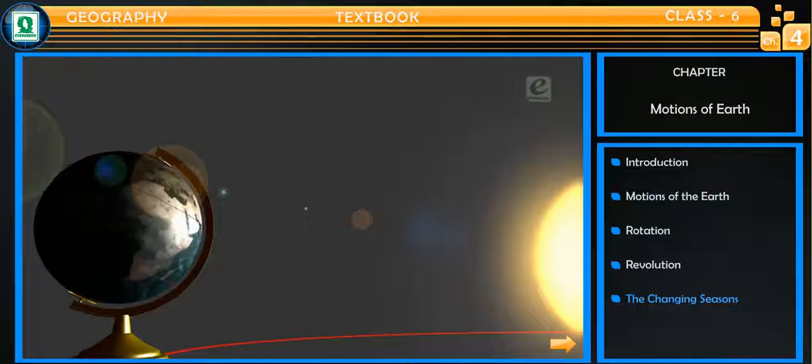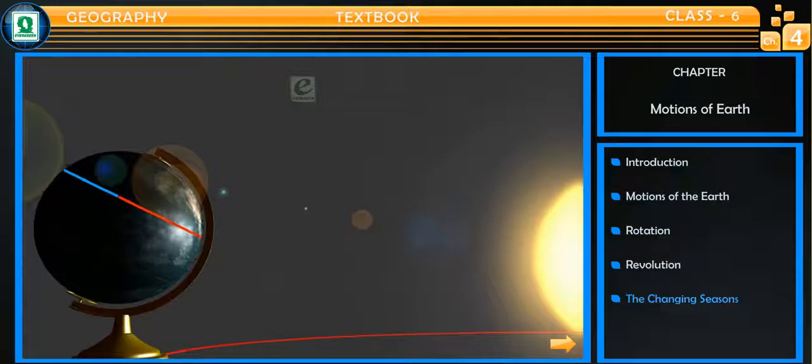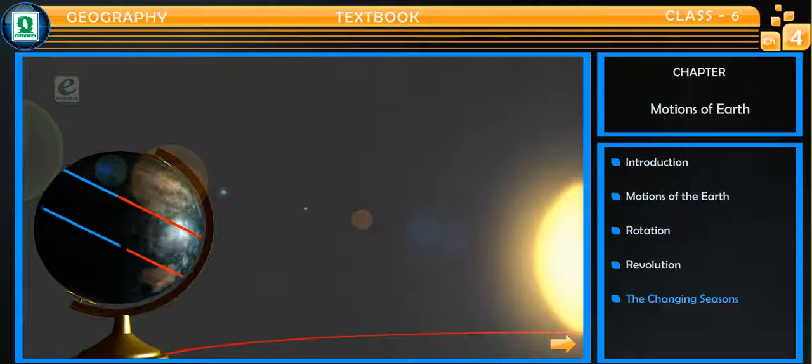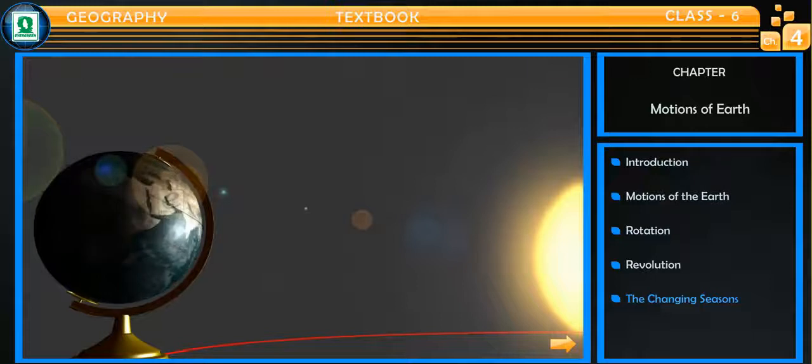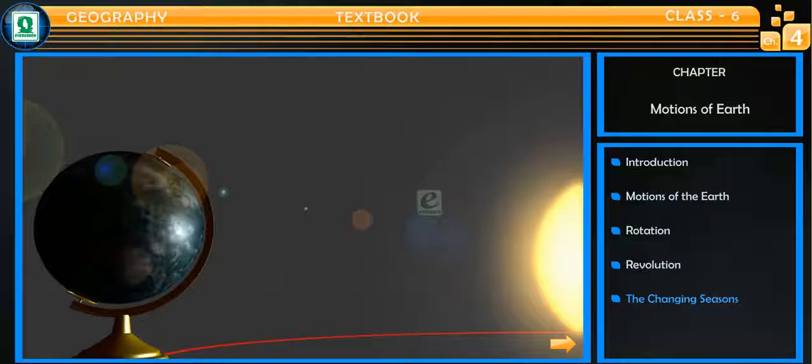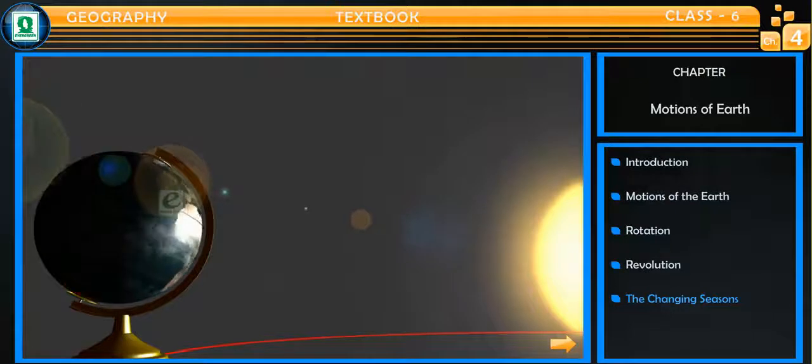Hence, the northern hemisphere has the longer day and shorter night. On the other hand, the southern hemisphere, which is farther from the sun, will have shorter day and longer nights. This position is known as summer solstice. This day is the longest day in the northern hemisphere and shortest day in the southern hemisphere. Besides, there is 24 hours of daylight in the Arctic and 24 hours of darkness in the Antarctic Circle.